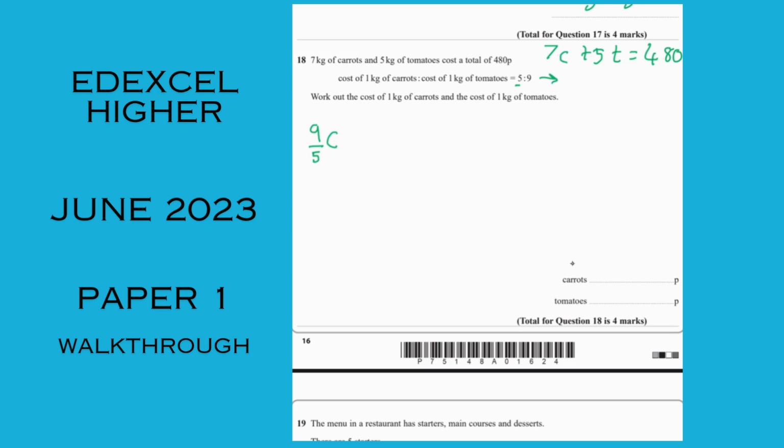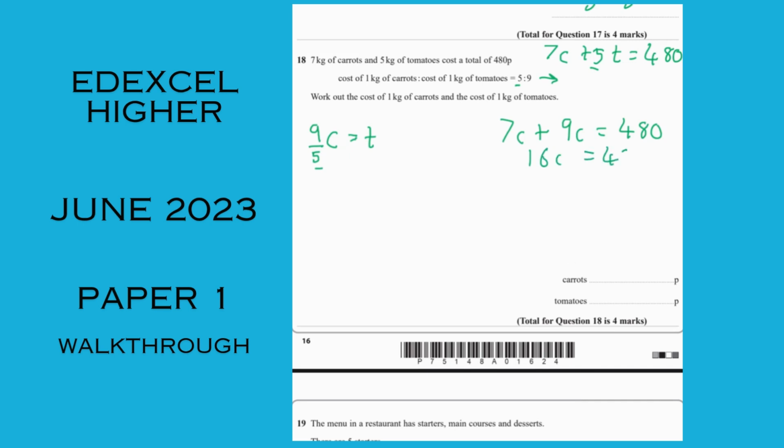So if you did that to your carrots, you get your tomatoes. That's your second equation. So we go back up to here. 5 lots of t. The 5 and that 5 will cancel. Okay, so we just end up with the t disappearing, 9c left behind.